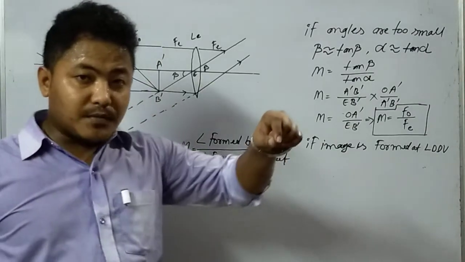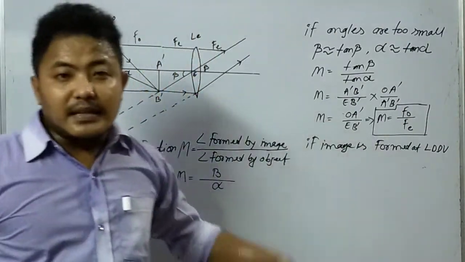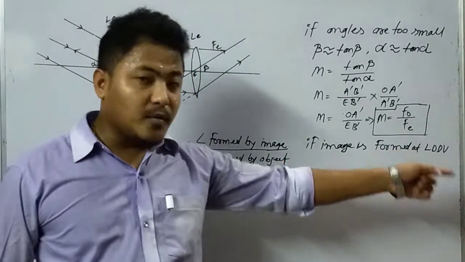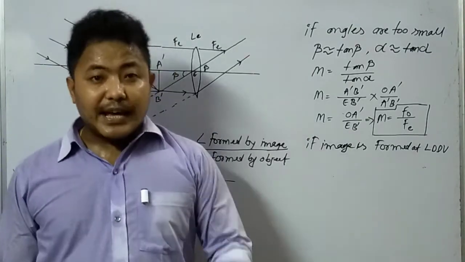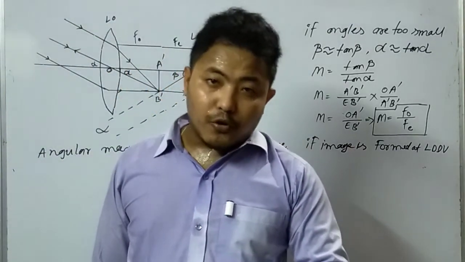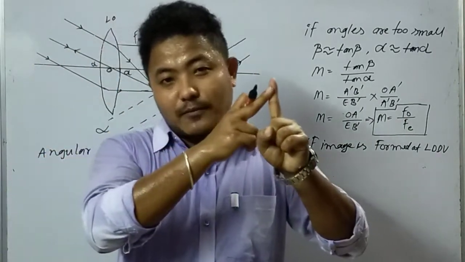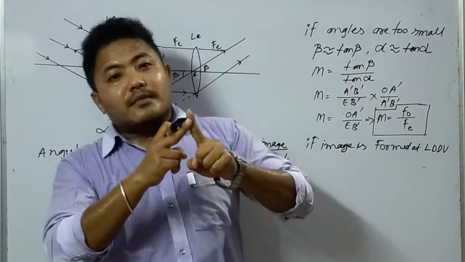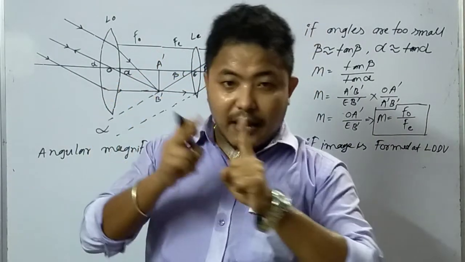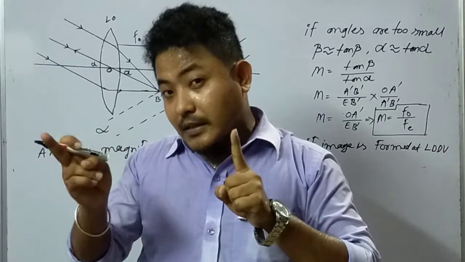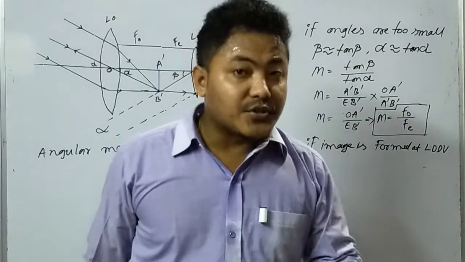That means if the object is at focus, the image will form at infinity. But in this case, the image should be formed at LDDV, the least distance of distinct vision. As we did in the case of the compound microscope, once we keep the object between optical center and principal focus, are you getting my point? If you place the object between optical center and principal focus, then the image will form at the least distance of distinct vision.